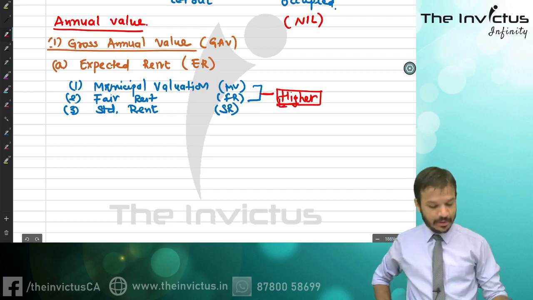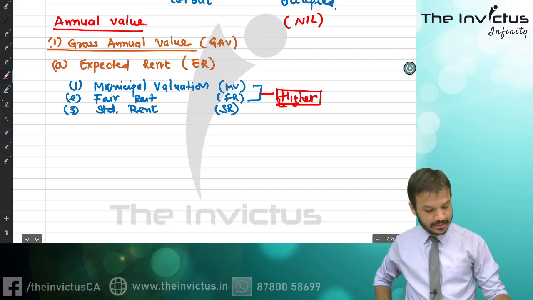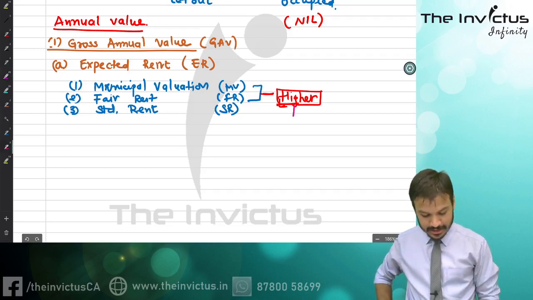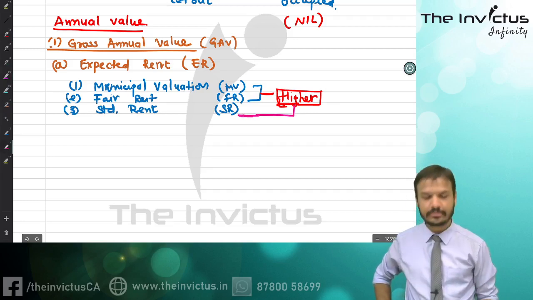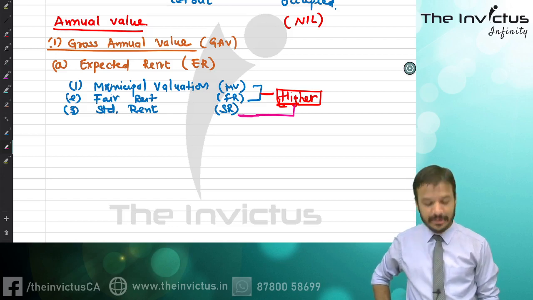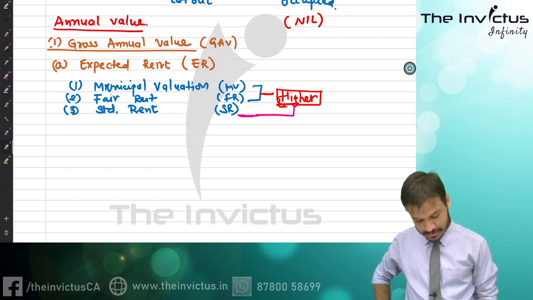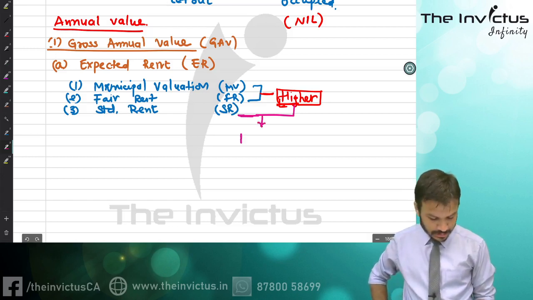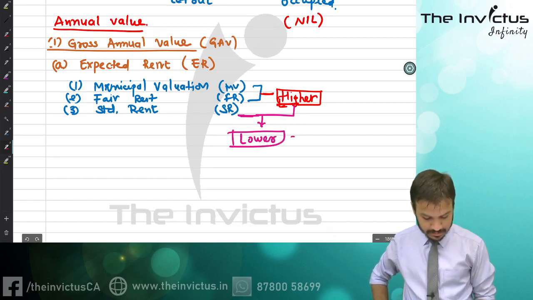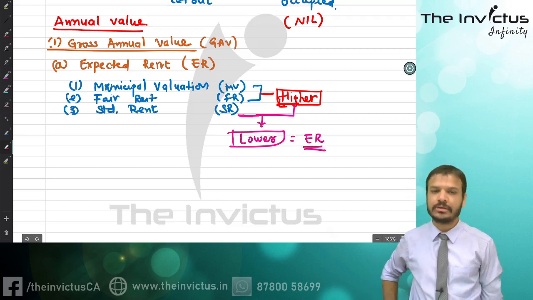Now this higher amount and standard rent will be compared, and out of which the lower will be my ER. So the first step is over in this case.